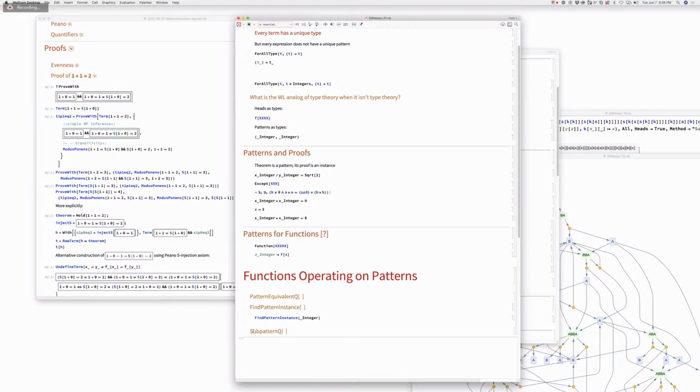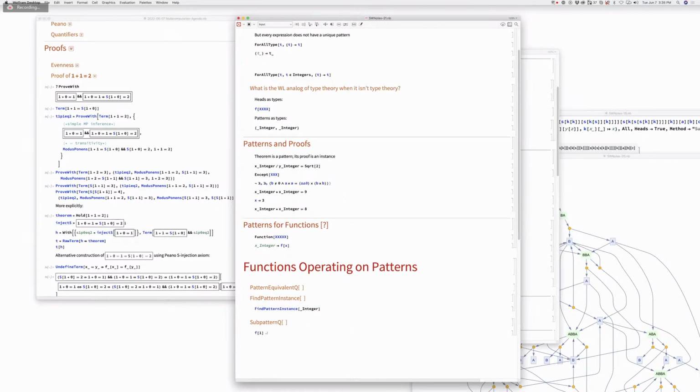We've had a function for sub-pattern queue forever because it's the way that we order, you know, f of 1 versus f of x blank and so on. Sub-pattern is different from pattern. Is it the same thing as just asking, does one pattern match another pattern? No, it isn't the same thing because of pattern equivalent queue.